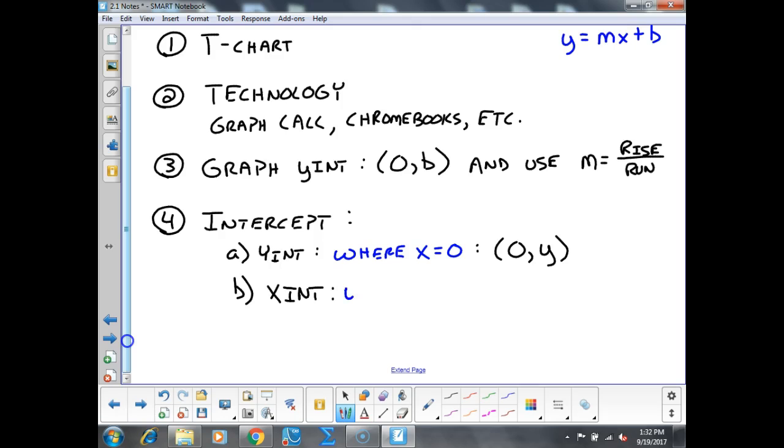It is where y is equal to 0, and it comes in the form some number, comma, 0. So you can plot those 2 points, or find those 2 points, plot it, and there's your line.